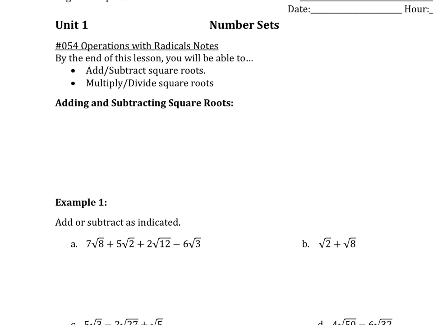First, to add or subtract square roots, the first thing you do is simplify your square roots as much as you can, what we learned to do the other day.